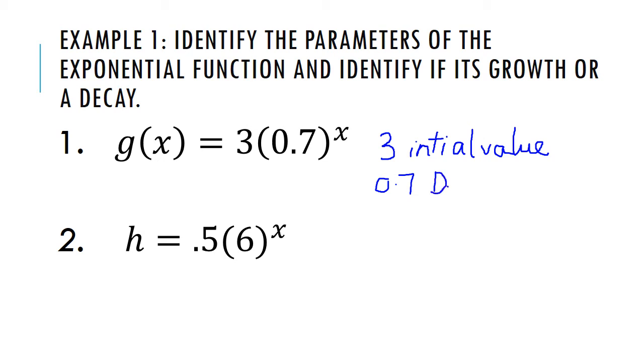Now, let's take a look at the other example. We have h of x equals 0.5 times 6 to the x. Again, this is an exponential function because x is the exponent. 0.5 is the initial value, and 6, which is the number in the parentheses and raised to the x, is the exponential factor.